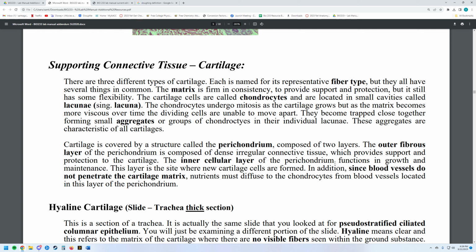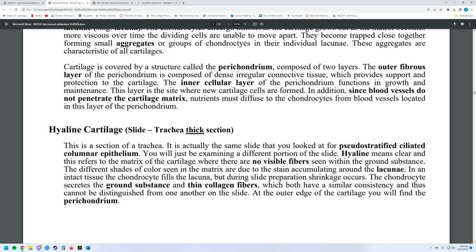I think I'm starting to get it. I don't know why they couldn't just put something like that. It would help my brain. In addition, blood vessels do not penetrate the cartilage matrix, so they have to get their nutrients through diffusion. Makes sense?